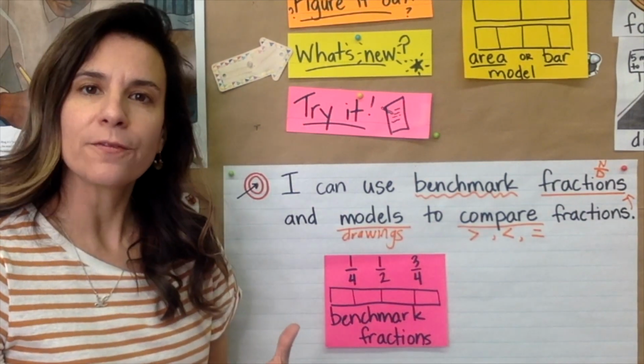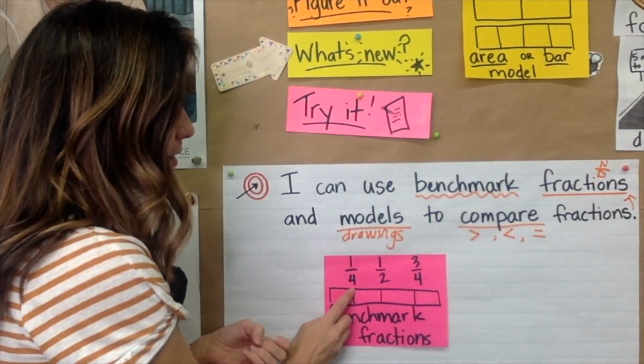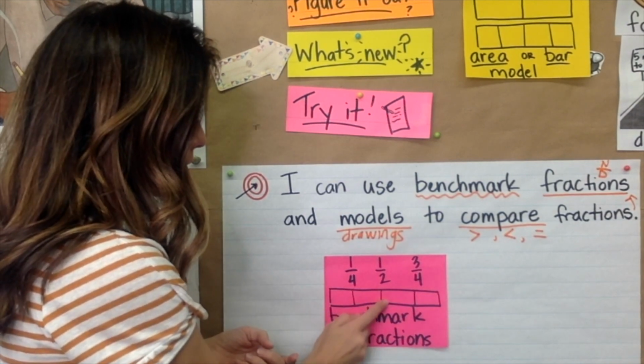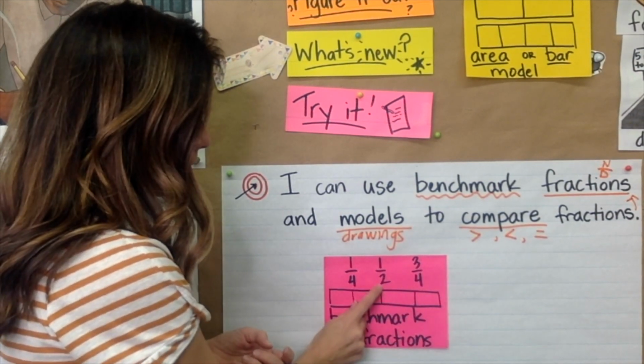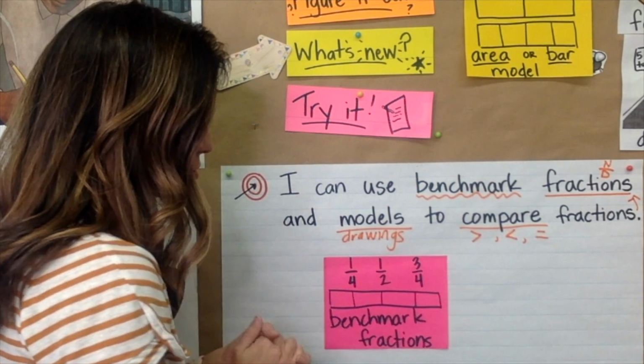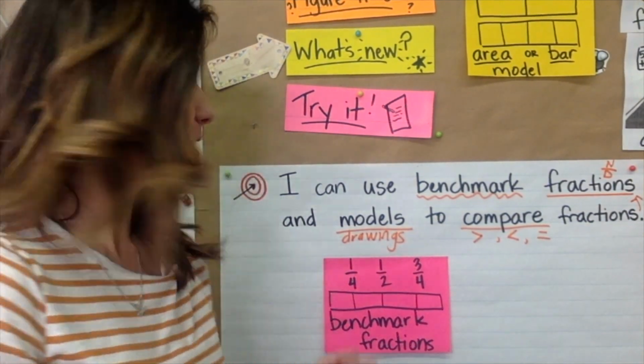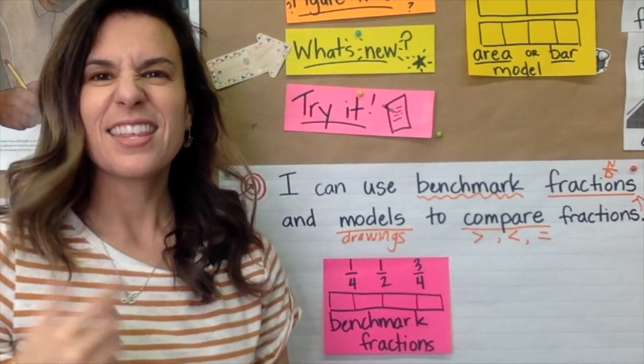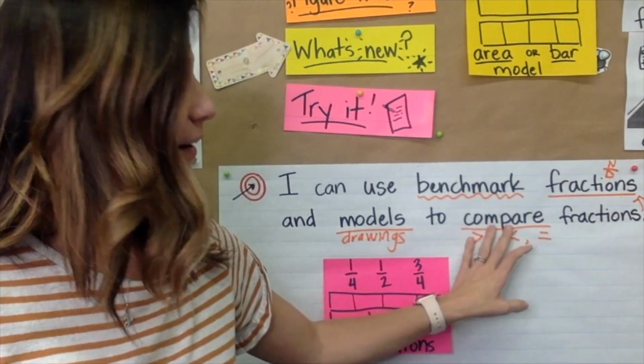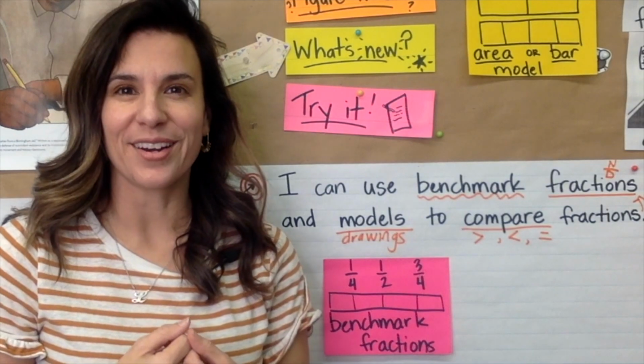These are pretty common fractions. We can easily find them in our bar model here. Here's 1/4, here's 1/2, and here's 3/4. So today we're going to practice using these benchmark fractions to think about and compare fractions with one another.